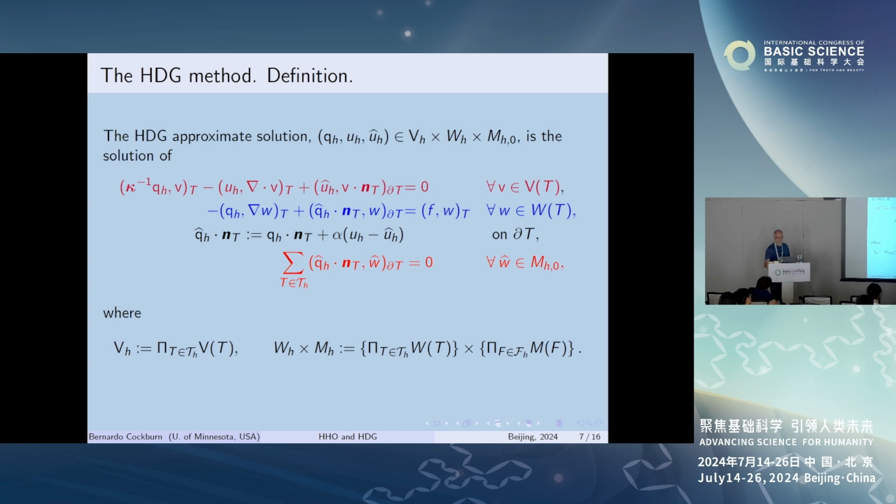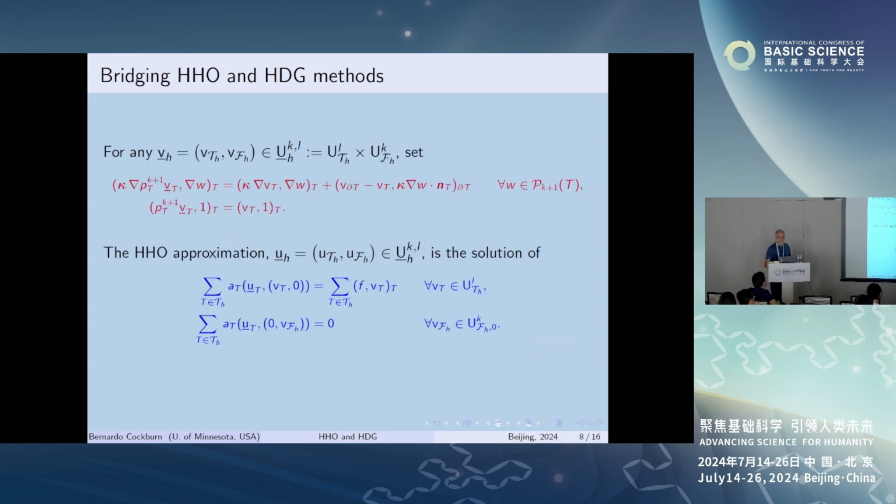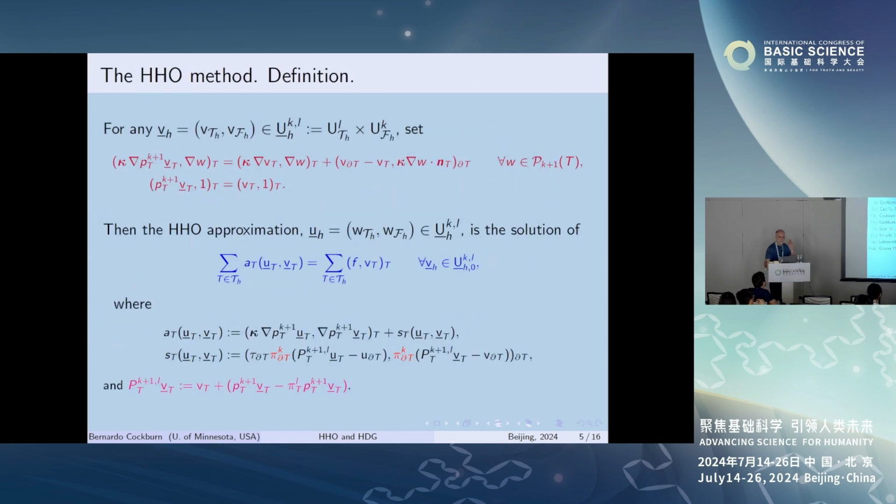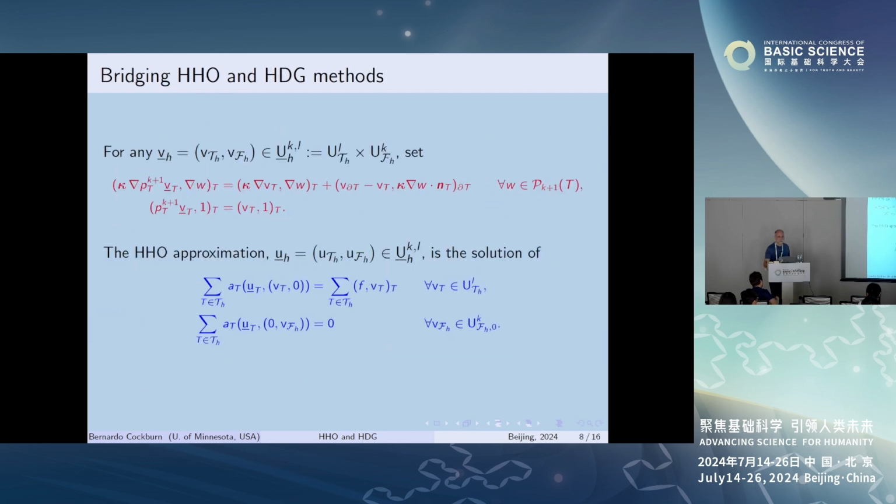So this is the method. And now I'm going to go back to the HHO. And I'm going to start with the first equation. This is the HHO. And I'm going to do the following. So I just copy the first equation, which I don't have to change. But here, I'm going to do the following trick.